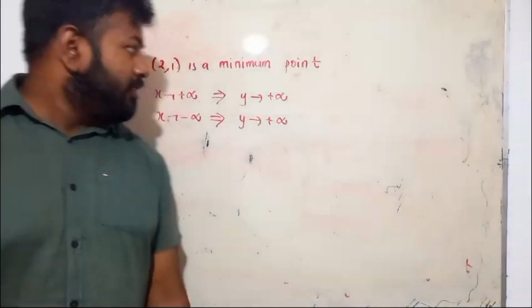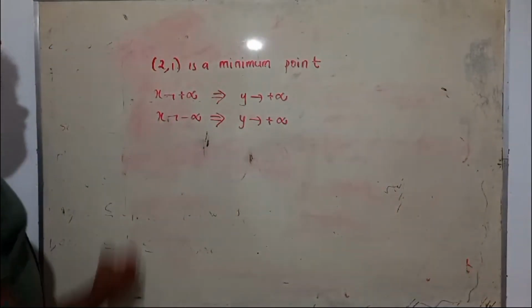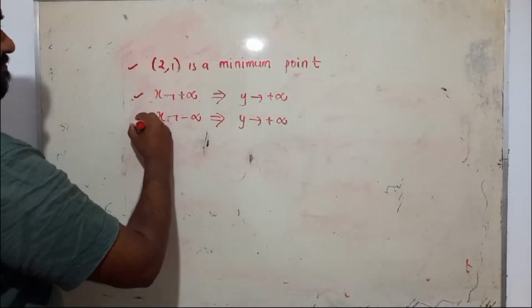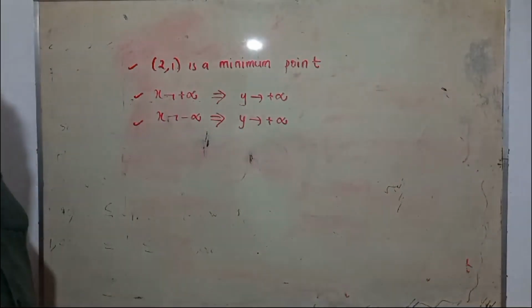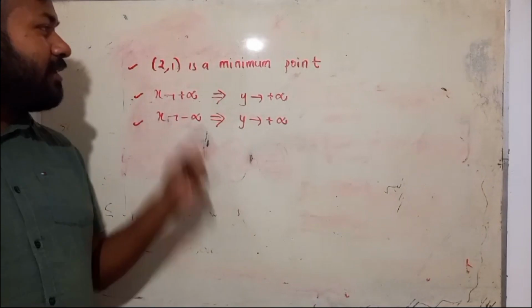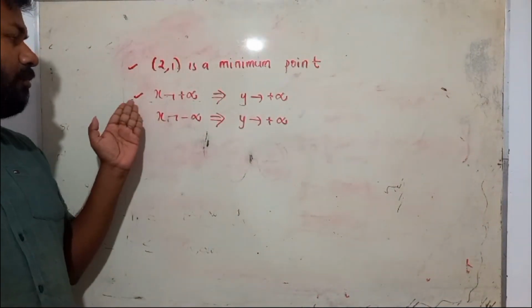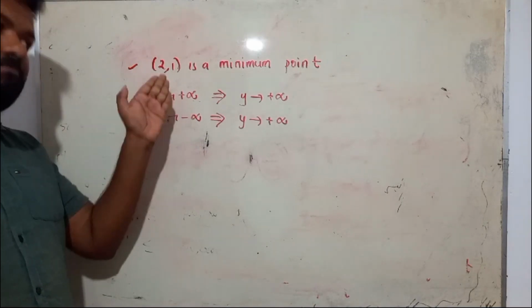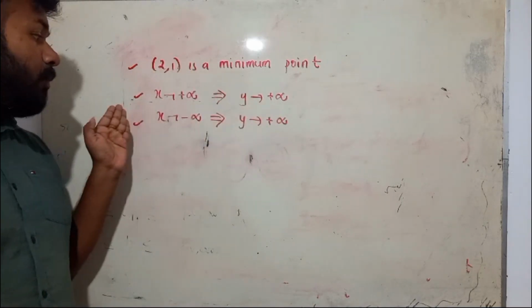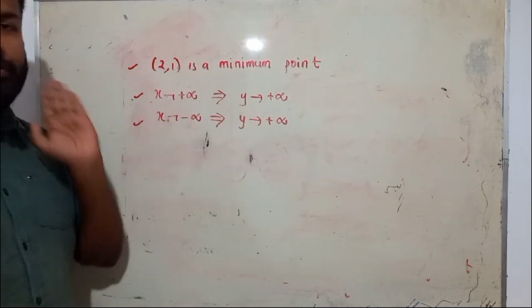Alright students, so far we have obtained these three pieces of information. First, we found that (2, 1) is a turning point, and at that point there is a minimum. Second and third, when x tends to positive infinity, y goes to positive infinity, and when x goes to negative infinity, y goes to positive infinity.